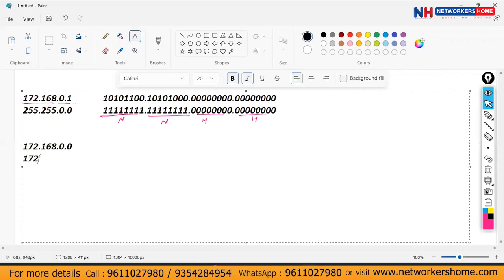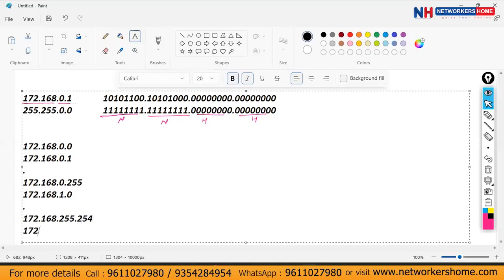The second address would be 172.168.0.1, and then somewhere it will be 172.168.0.255. Next will be 172.168.1.0, like this. And by the end, it will be 172.168.255.254.